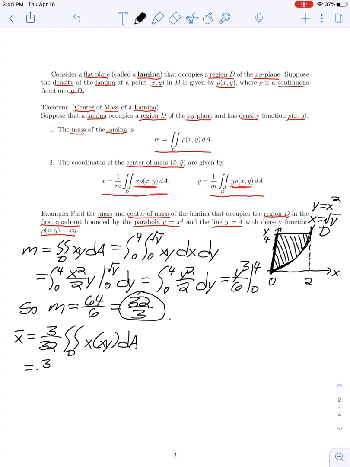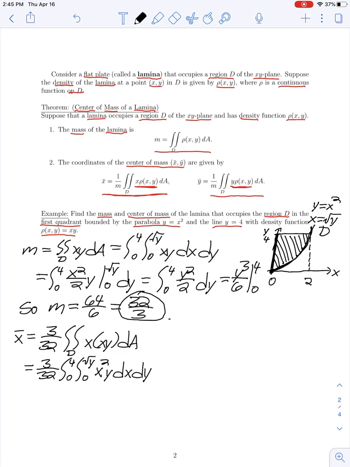So let's set this up as an iterated integral. So here we have 3 over 32, expressing D again as a type 2 plane region. We could integrate from 0 to 4, and then from 0 to root y. Our function is now x squared times y in the order dx dy.